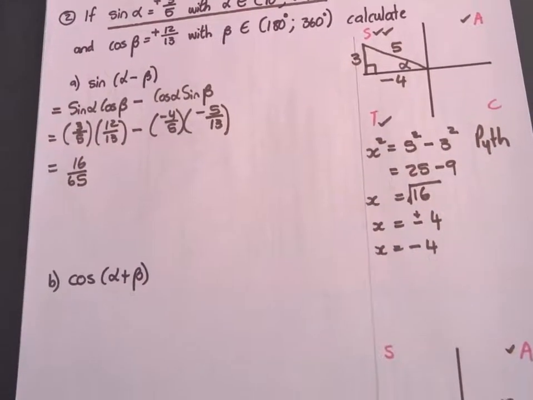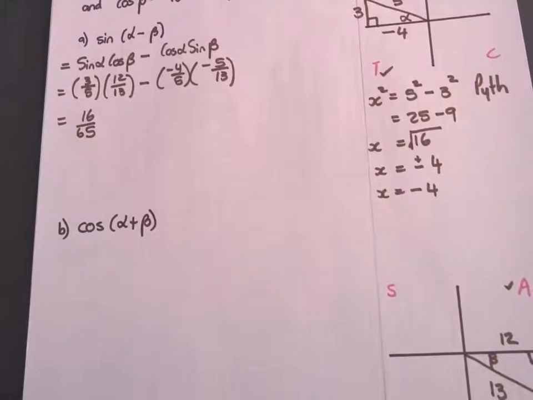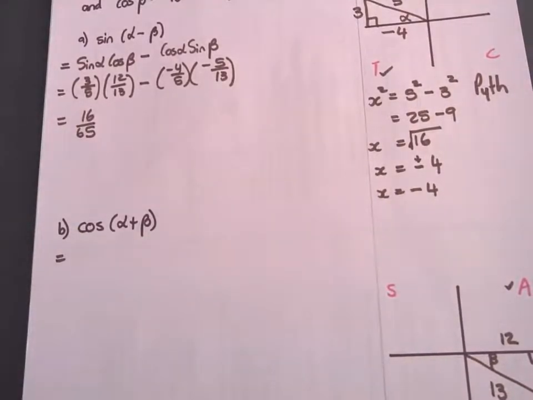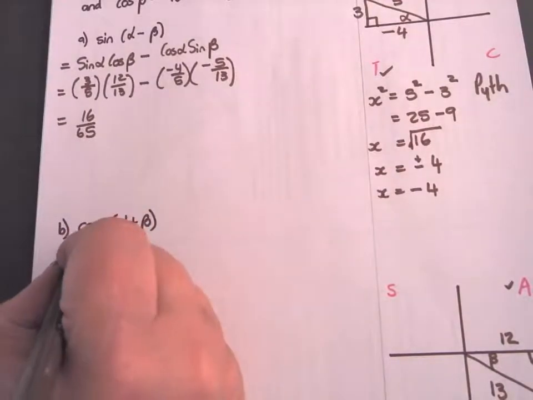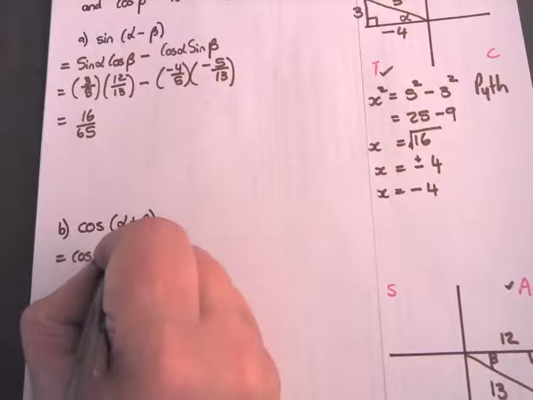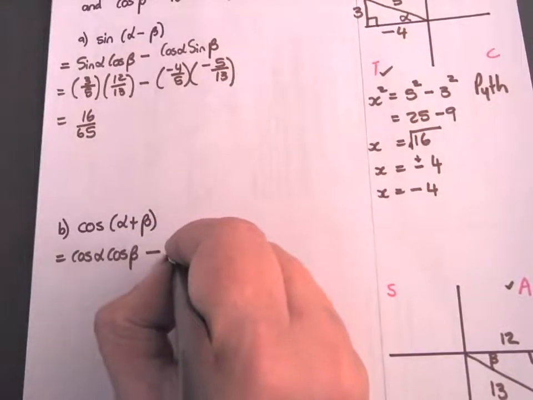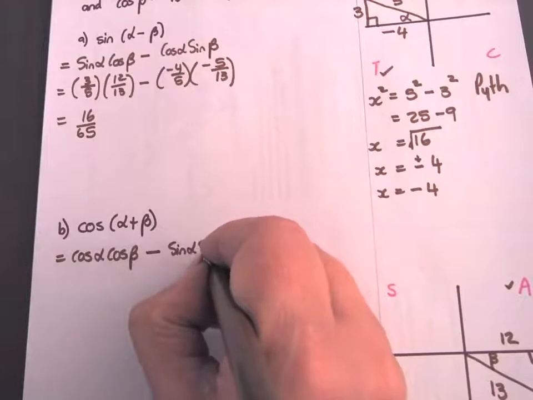Now we do the next one. What is the formula for cos compound angles? Cos, cos alpha, cos beta, change the sign, sine alpha, sine beta.